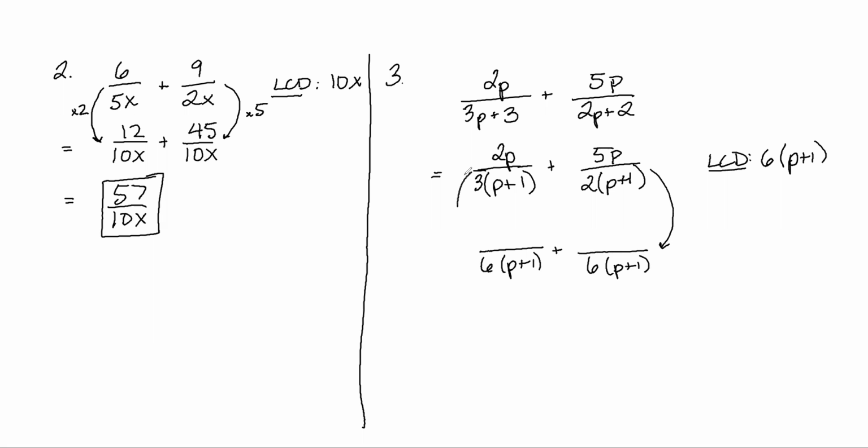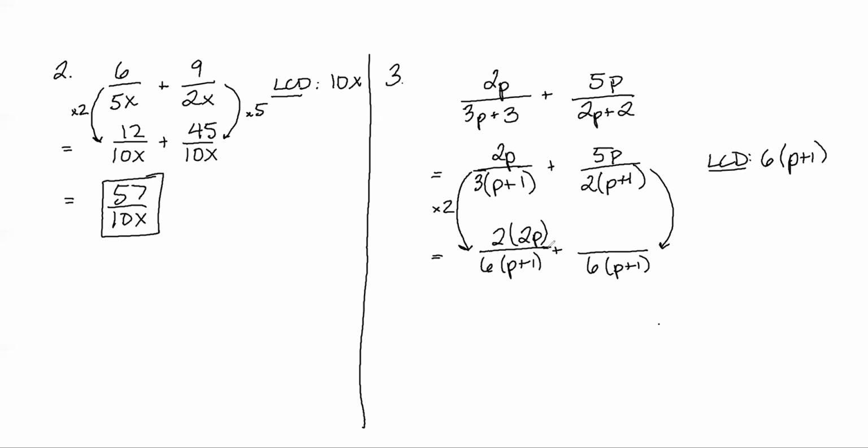Now we want to see what we have to multiply by. Looking at this first fraction, our denominators, we have a p plus 1 already, and we go from 3 to 6, so we need to multiply by 2. 2 times 2p, I'm going to leave this as 2 times 2p for right now.